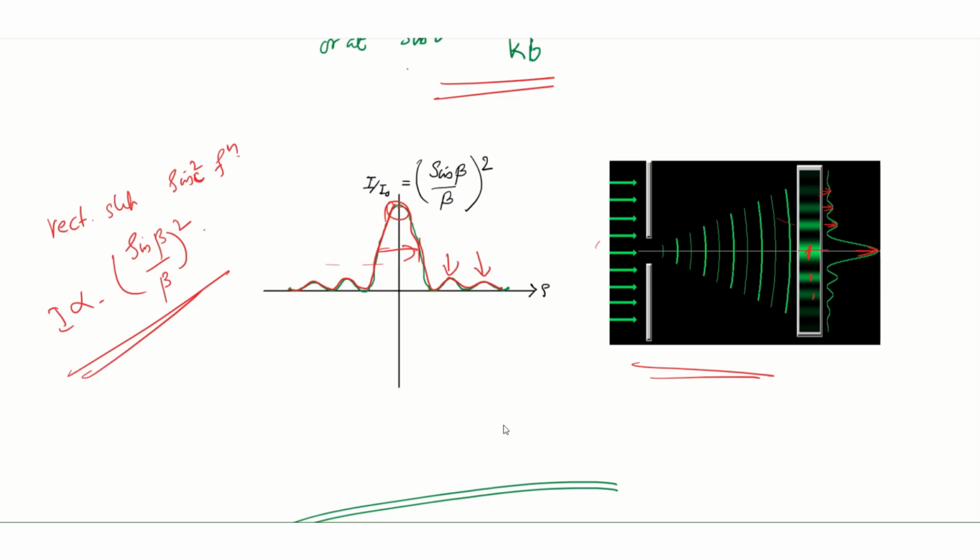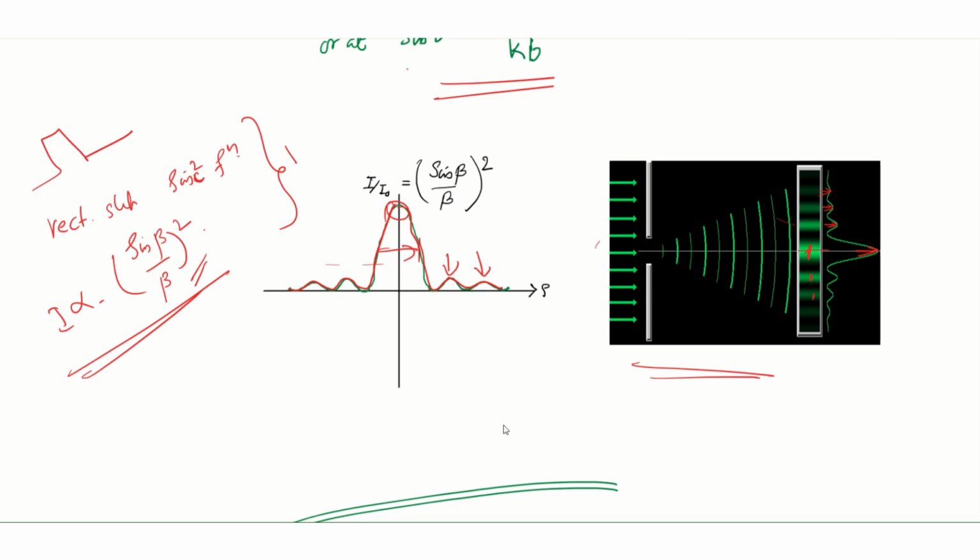This expression here may be useful when you want to consider Fourier optics. Essentially, what you get here is a Fourier transform of the aperture function.